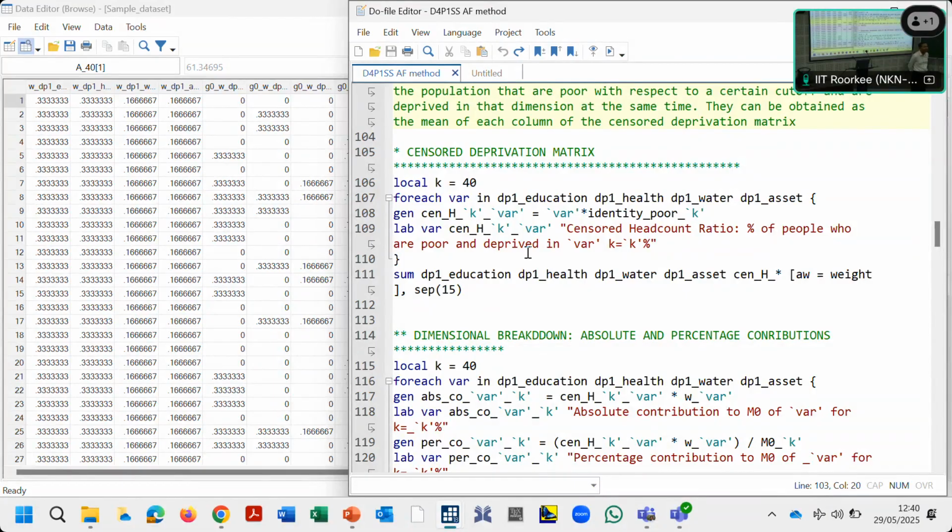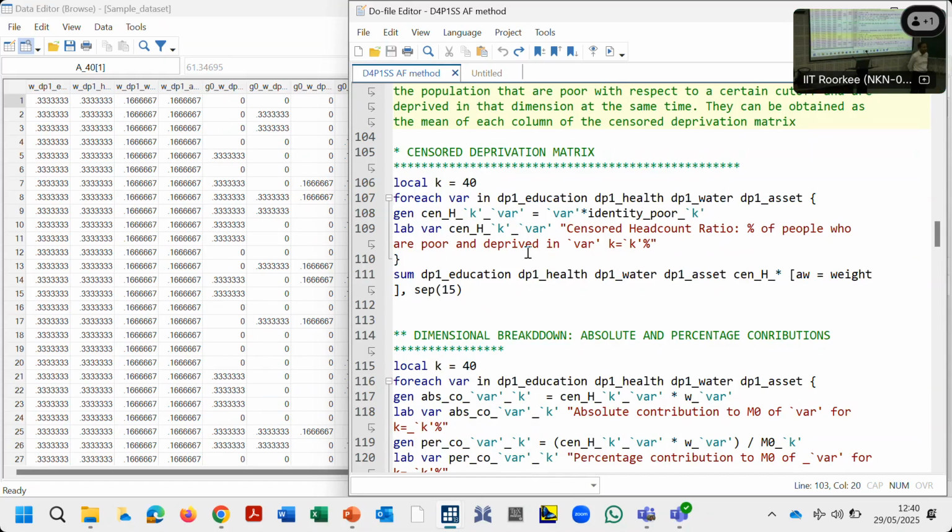You have the deprivation in a particular indicator. You know who is poor and who is not. How then do you compute the column for the censored headcount ratio? Yeah, how?